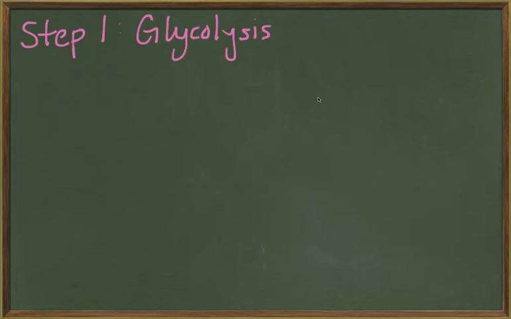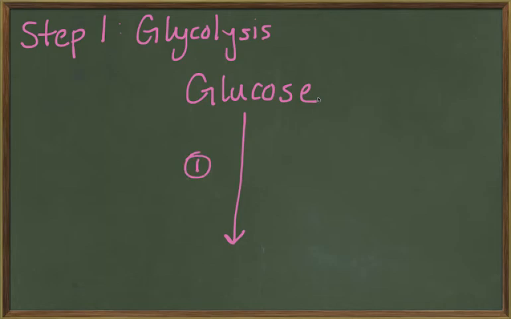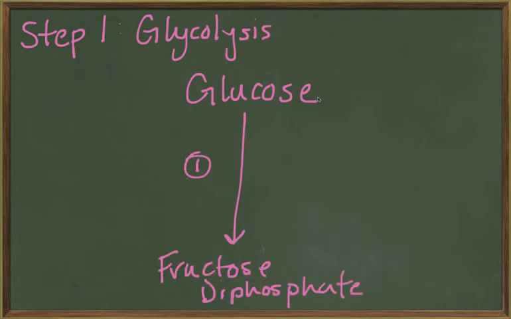To start glycolysis, you always have to have glucose. In the very first step of glycolysis, you go from glucose to fructose diphosphate. When you go from glucose to fructose diphosphate, you need a little kick in the pants. You need something to help you get started.